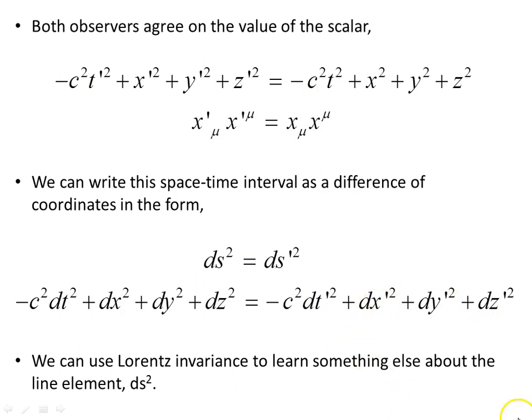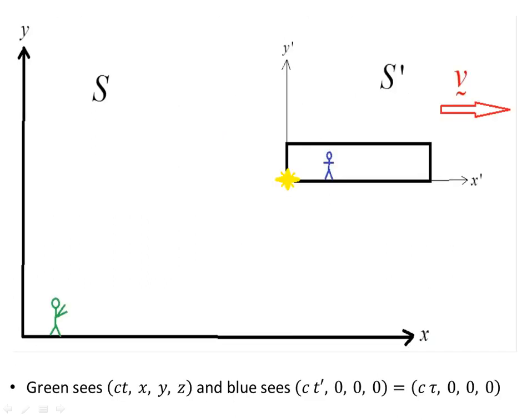Now we can use Lorentz invariance to learn something else about the line element ds squared. So let's just come back here now to our observer in S and our observer in S prime.